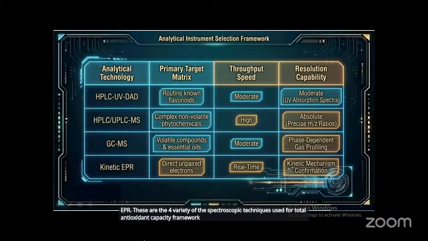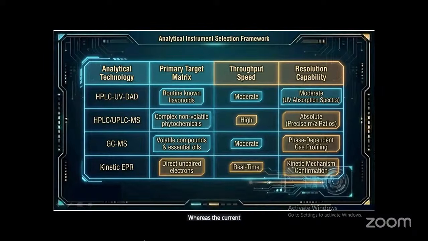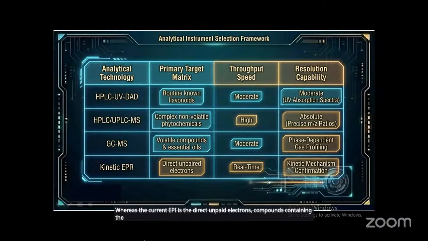Then the primary target matrices: HPLC-UV is routinely used for flavonoids, whereas HPLC UPLC-MS is for complex non-volatile phytochemicals, GC-MS for volatile compounds and essential oils, whereas kinetic EPR is for compounds containing direct unpaired electrons.